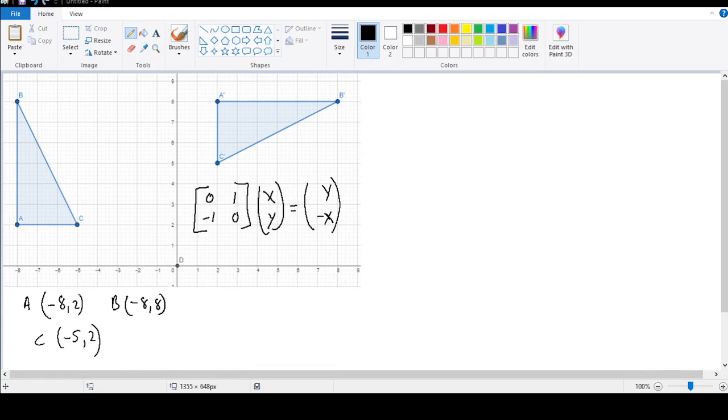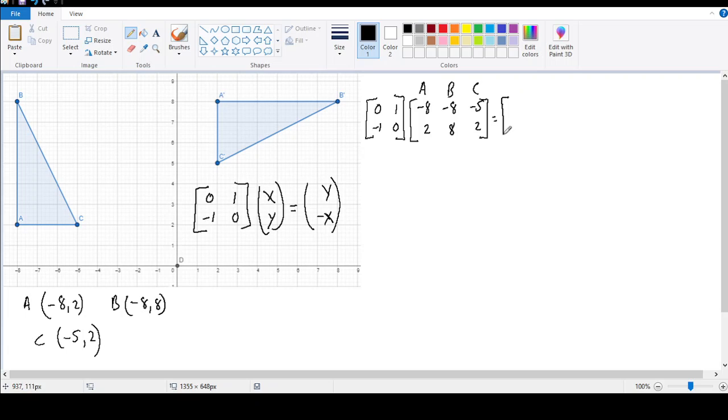Okay, so now using this matrix, 0 negative 1, 1 0, multiplied by the 3 vertices of the triangle, which are A, negative 8 and 2, B, negative 8 and 8, and C, negative 5 and 2.